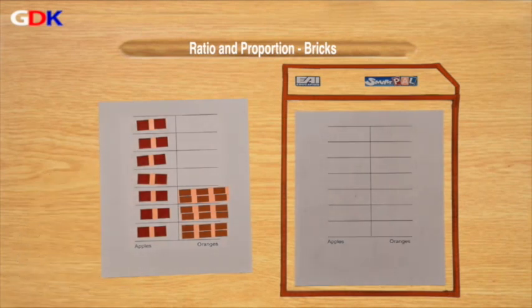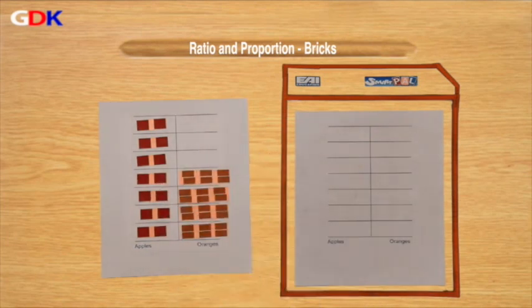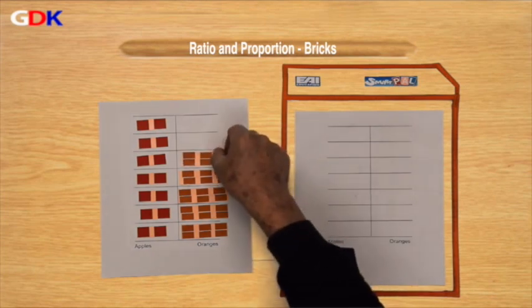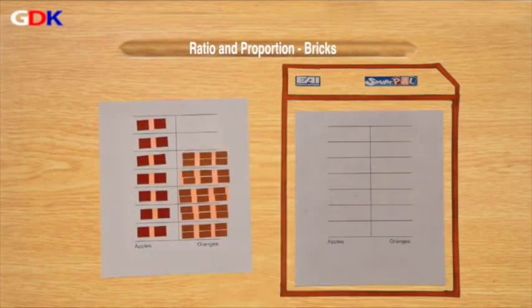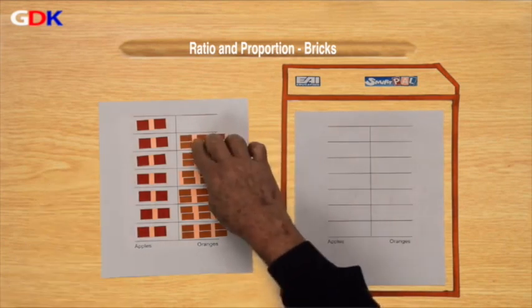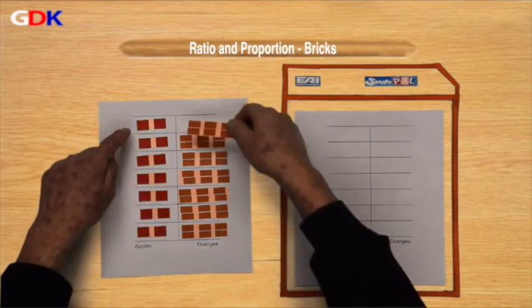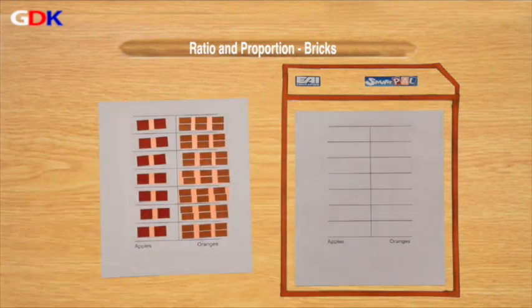Well, let's match up the oranges to all the apples that we have. So we're going to take another set of oranges and put it with this set of apples. We're going to take another set of oranges and put it with this set of apples. We're going to take another set of oranges and put it with this set of apples. And finally, we're going to take another set of oranges and put it with this last set of apples.